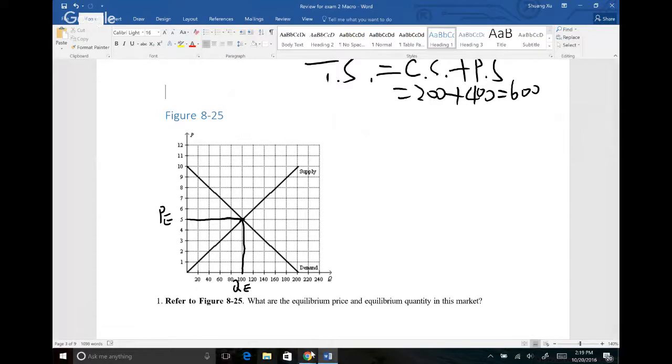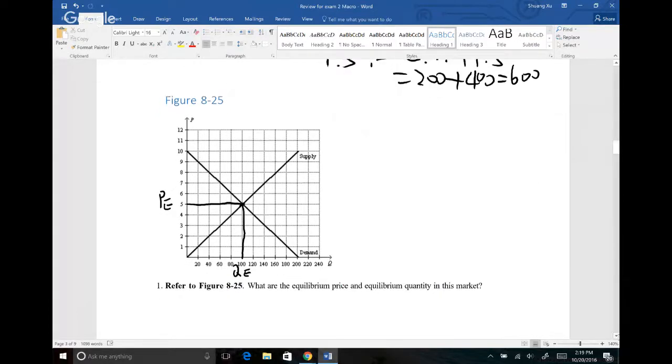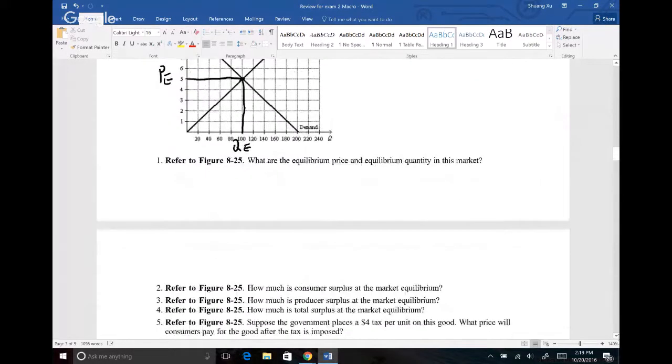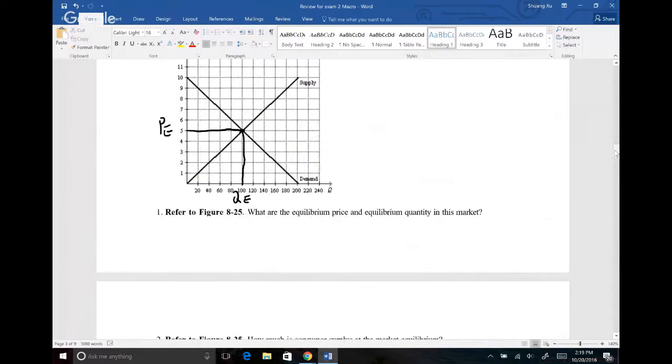All right, and the next part: how much is consumer surplus in this market at equilibrium? Again, the consumer surplus is the triangle on top. So this is your consumer surplus. This is your producer surplus, and this big triangle is your total surplus.